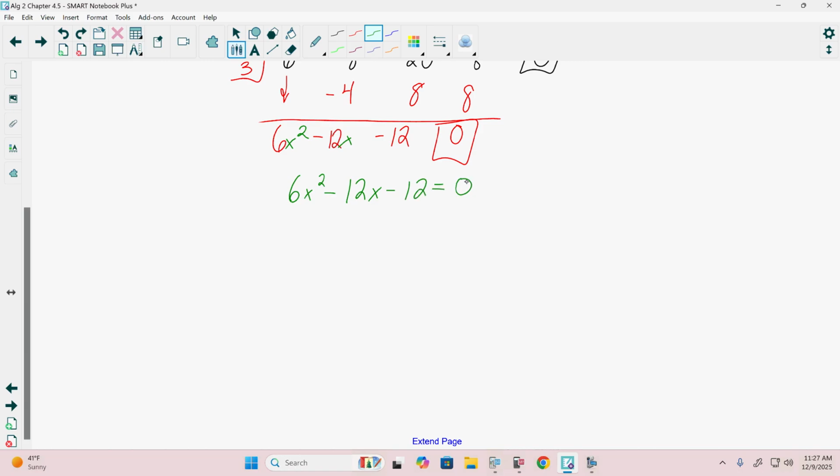Now at this point here, we're going to have to use our quadratic formula, negative b, plus or minus the square root of b squared minus 4ac all over 2a. b in our case is this negative 12. We'd fill it in its 2 spots. A is 6, so it goes in its 2 spots, and c is also negative 12.